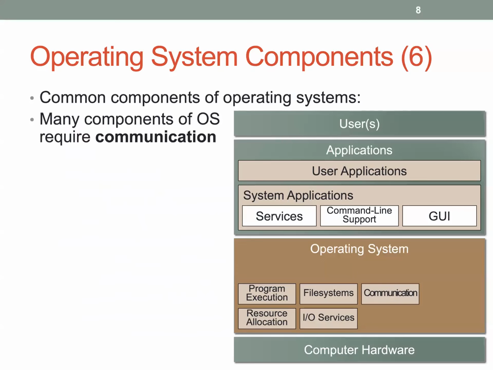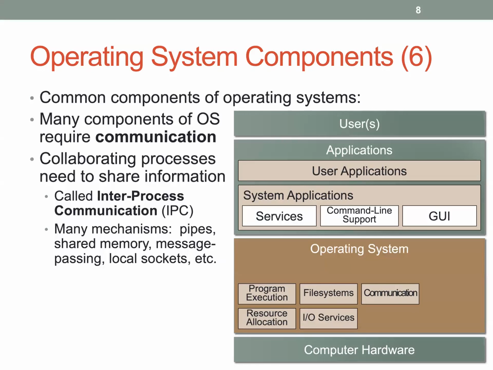Okay, so then besides the I/O services for talking to hardware, you have communication, which is for software talking to software or software talking to external systems. One of the most common examples of this is called inter-process communication, and it's abbreviated IPC.